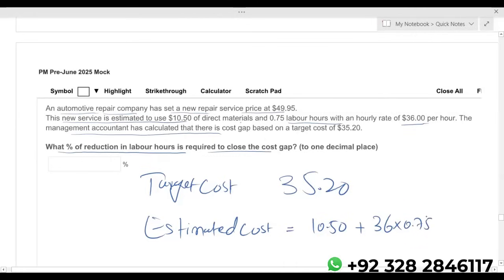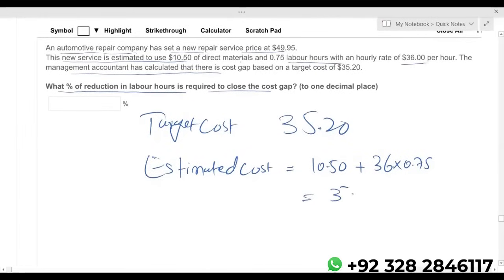Actually, cost gap is the difference between estimated cost and target cost. Obviously, your estimated cost is higher than the target cost. Difference is the cost gap. So let's find out. Students, estimated cost is 37.5.